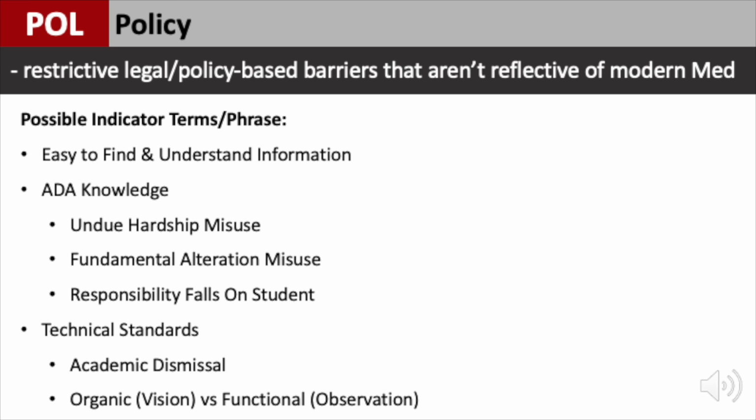There's this misuse of the argument called undue hardship, which is where you do not have to supply an accommodation, or it becomes unreasonable, if it puts an undue financial burden on the people providing it, or if it fundamentally alters the curriculum.